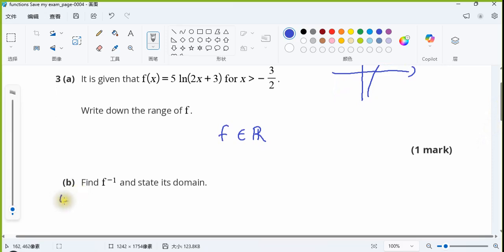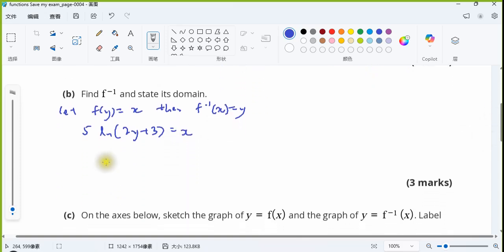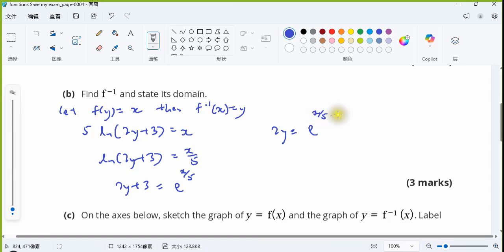So let f(y) equal to x, then f inverse of x equal to y. 5 ln(2y + 3) = x. Then ln(2y + 3) = x/5. 2y + 3 is equal to e to the power of x/5. Then 2y is the exponent, minus 3.